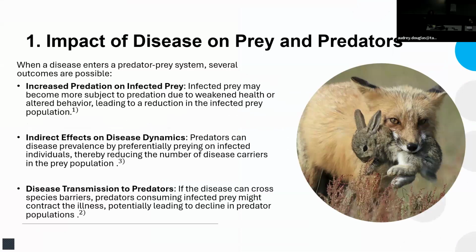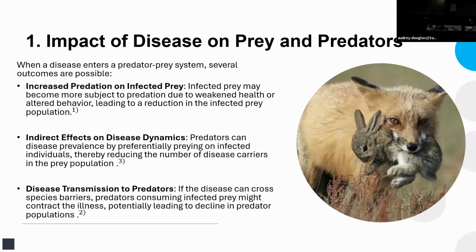several outcomes are possible. The first one is increased predation on infected prey. Infected prey may become more subject to predation due to weakened health or altered behavior, leading to a reduction in the infected prey population. The second one we can expect is an indirect effect on disease dynamics.